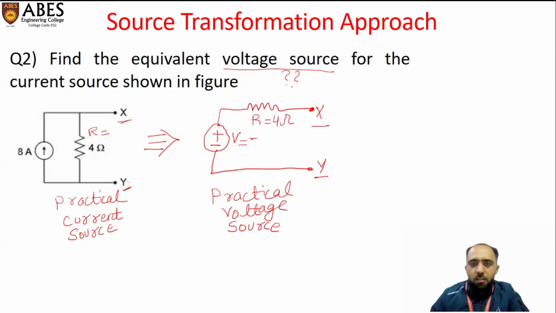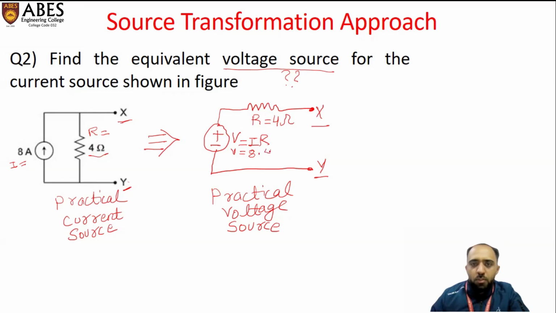What is the basic mathematical formula for Ohm's law? V is equal to IR. So now we can write V is equal to, what was the I? The value of I in the given circuit was 8. And what was the value of R? It was 4 ohm.